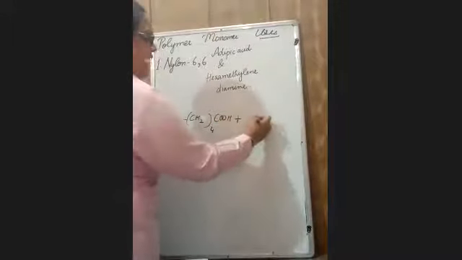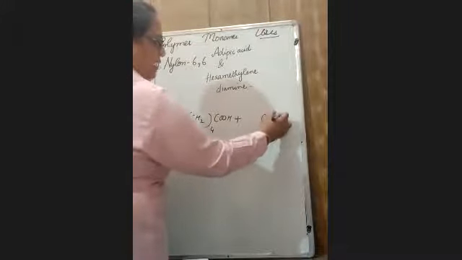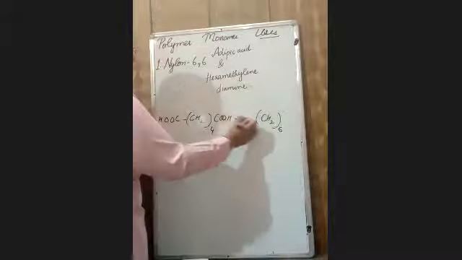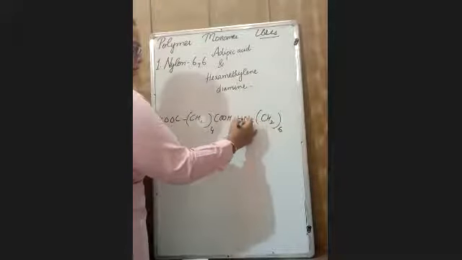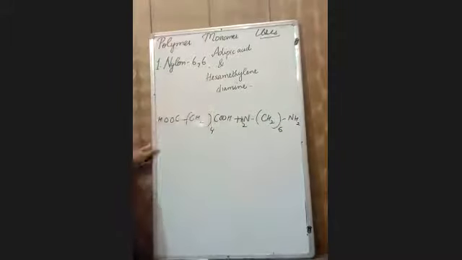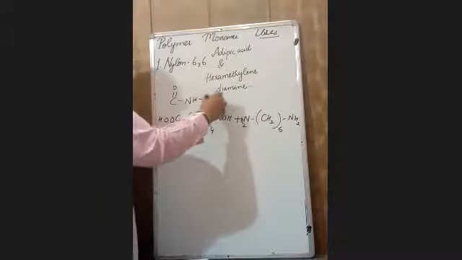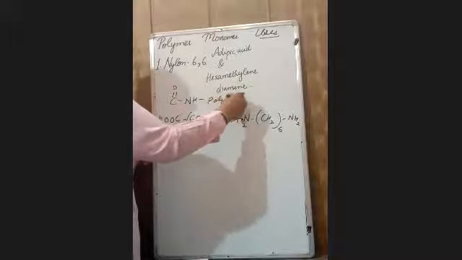It reacts with hexamethylene diamine. Now, how does this reaction occur? In this, a CONH bond will form. It is a polyamide. Now, see how it will form.